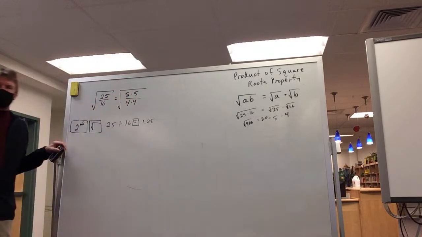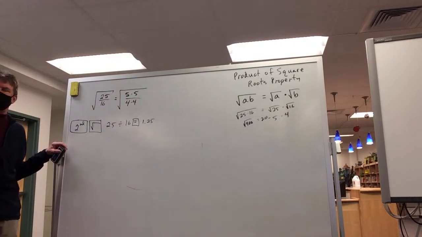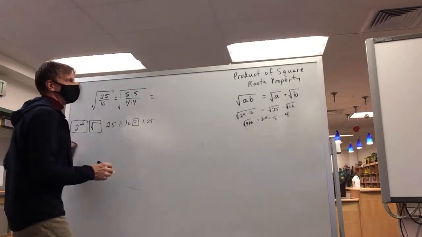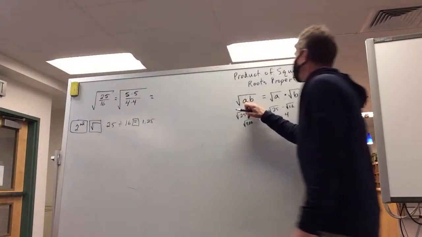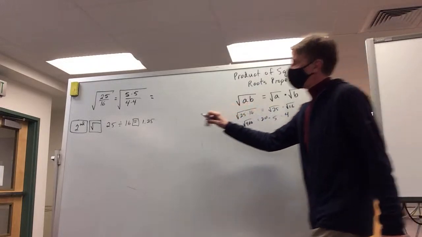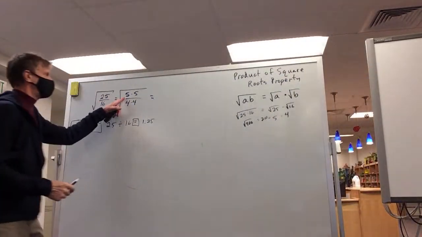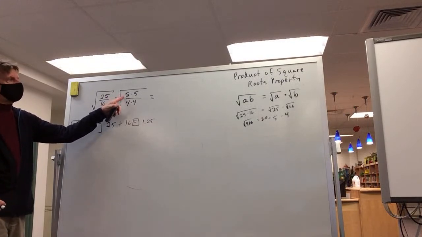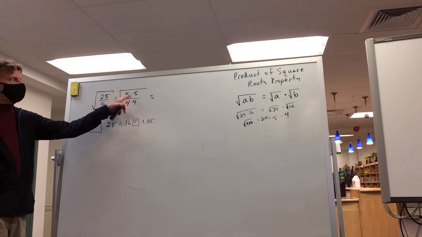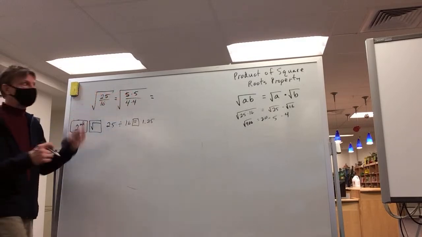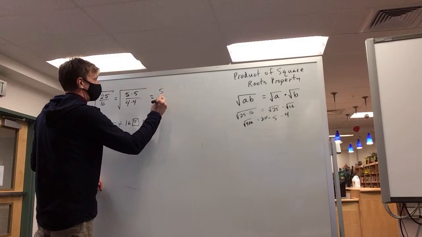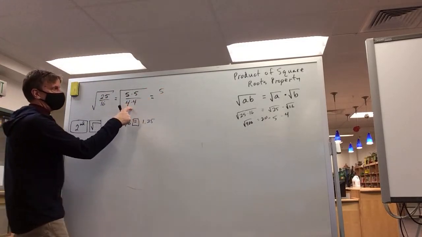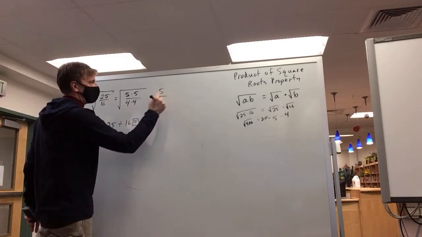And I chose 4 times 4 and 5 times 5 because those are square roots of each of them. So in this case, if we use the idea of the product of square roots, we could think of the top as the square root of 5 times the square root of 5, which is still equal to 5. And we can think of this as the square root of 4 times the square root of 4, which is equal to 4.